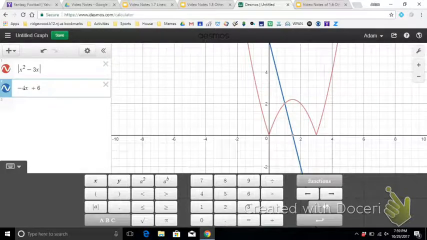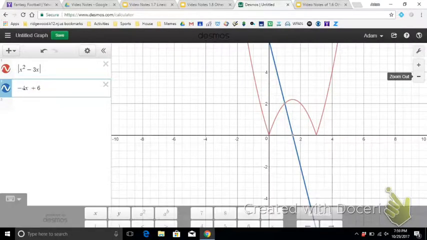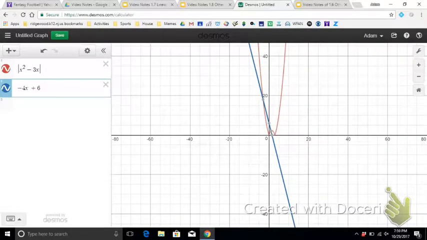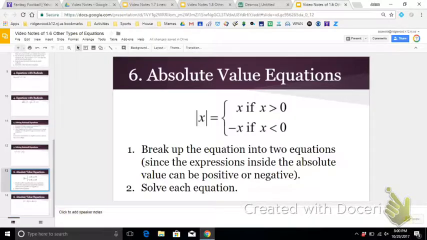So if you look at our graph, we'll see that the graph only shows two solutions. So it shows why it's important to plug these numbers back in. That's because, out of the 4 solutions we got, the only 2 that should work are 0 and negative 3. The reason why that happened is because if we look back at the definition of an absolute value, the absolute value of x will equal x only if x is greater than 0.